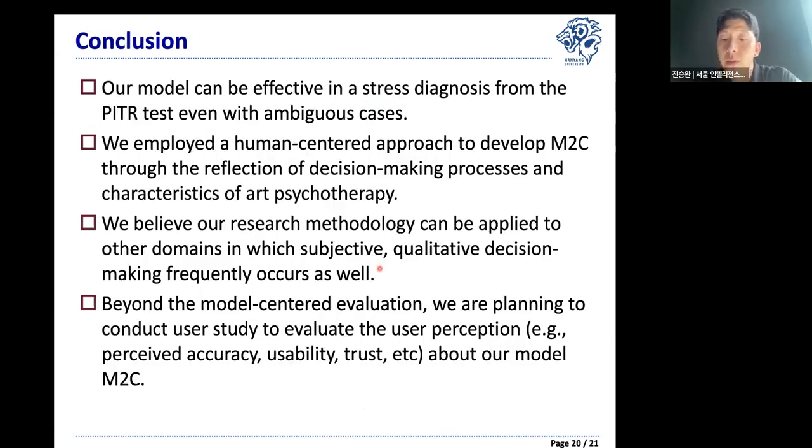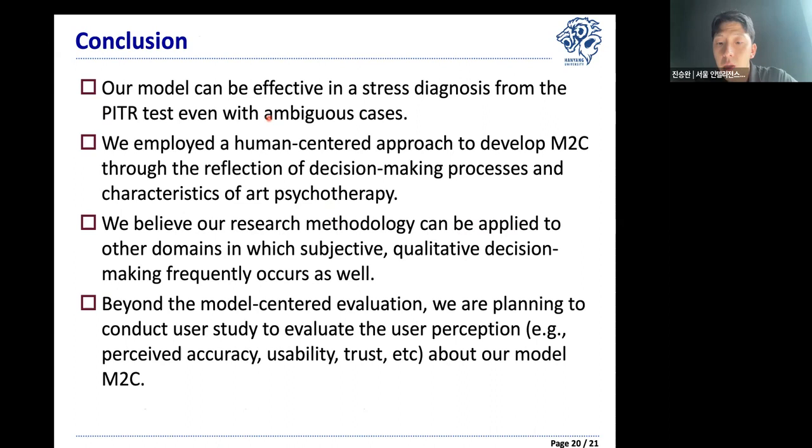After the experiments and evaluation studies, we found our model can be effective in stress diagnosis. As I explained, our data has one-to-many pairs of images and text, and subjectivity and inconsistency characteristics.